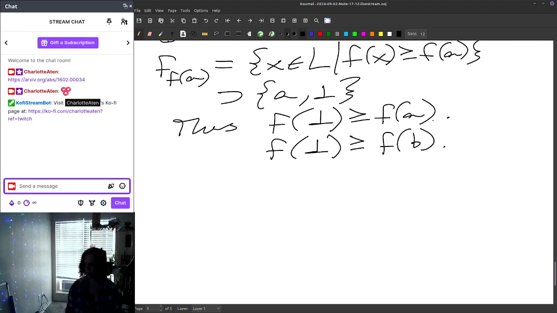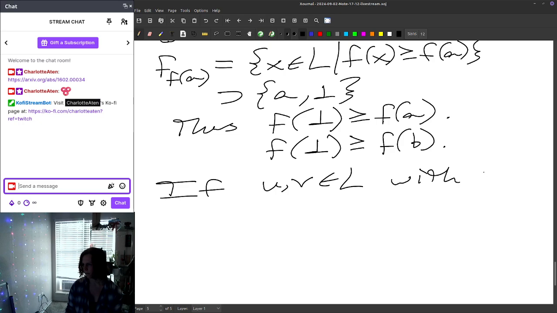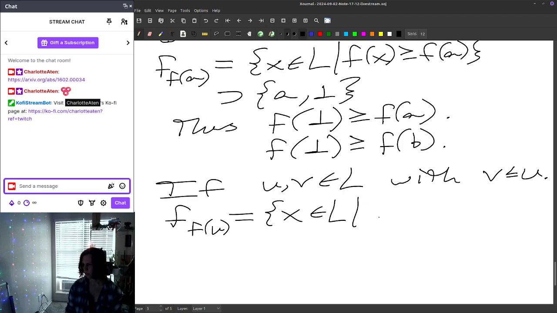And so, just by doing the same thing with f of b, and in general, if we have two things in our lattice, say u and v, with v less than or equal to u, the same reasoning says if we look at f of u, that's going to be all of these x's so that f of x is greater than or equal to f of u.